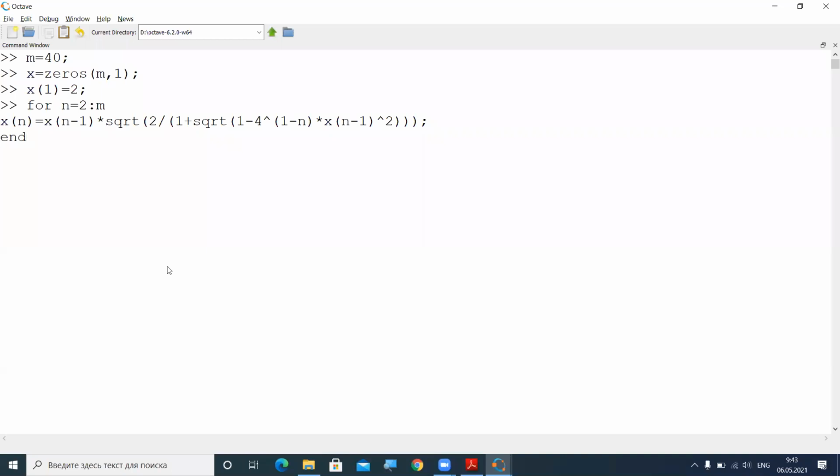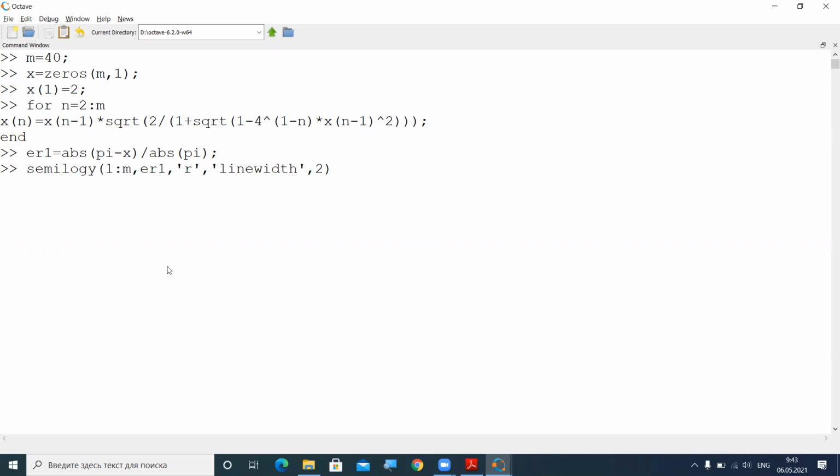And now it's working. So now find the relative error here. And what should you do? Draw the graph here, semi-log y. Where is our semi-log y? So this one.